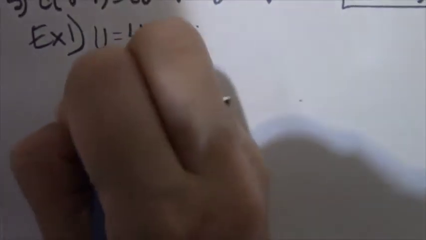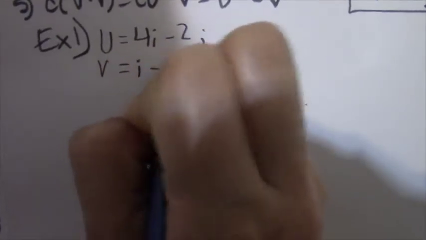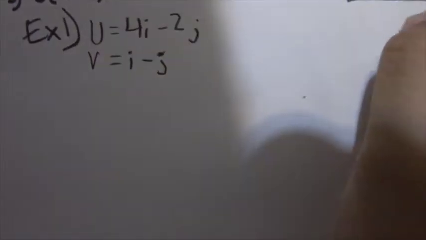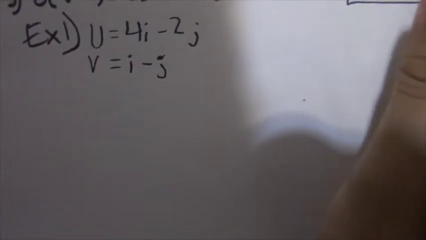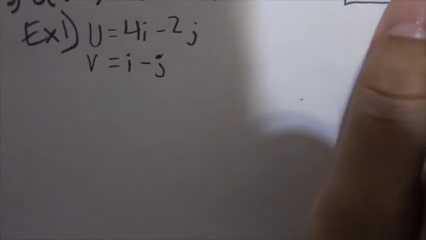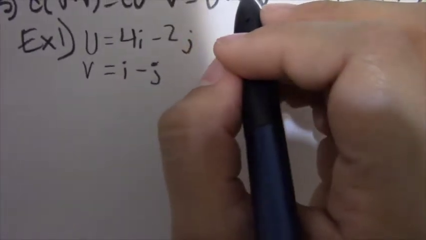The problem will be U equals 4i minus 2j, and V equals i minus j. So we're using the numbers instead of the i's and j's. So obviously this would be a 1 and a 1, 1, negative 1.